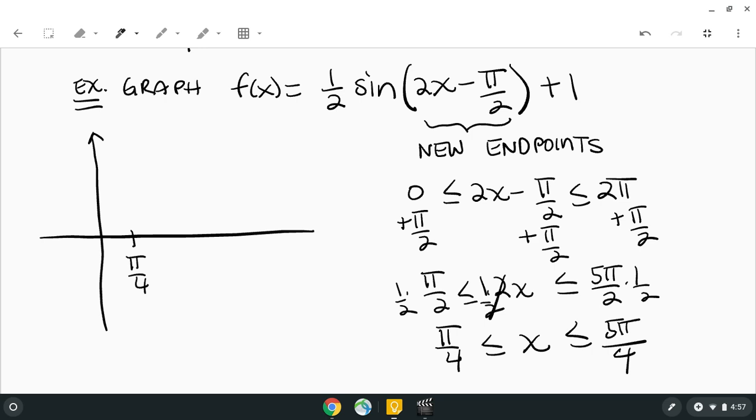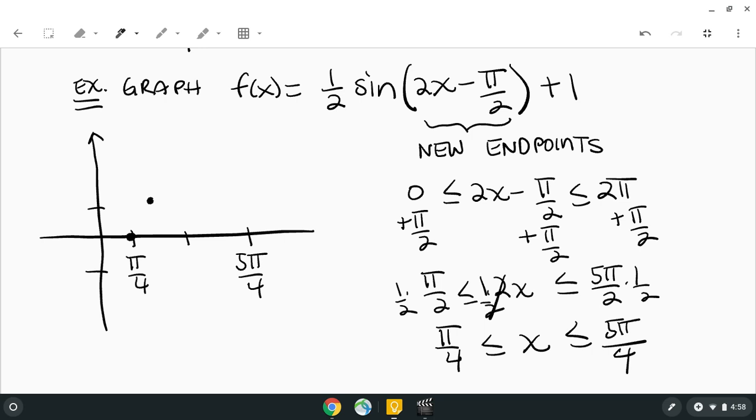So let's take a look. Pi over 4 is positive, so it's still over here. So here's pi over 4, and here's 5 pi over 4. Let me do a 1 here.